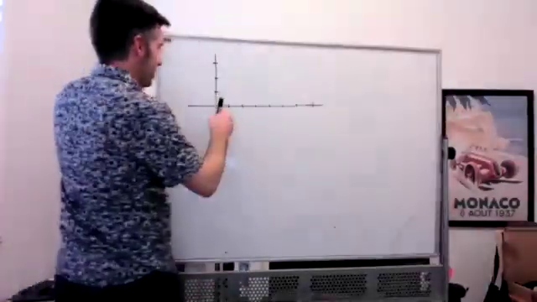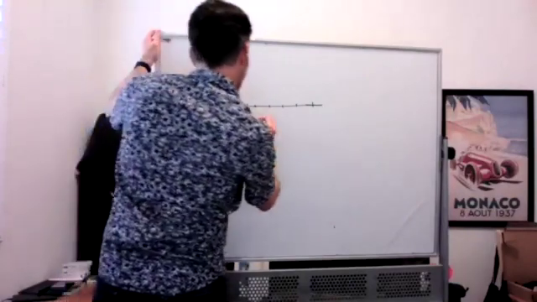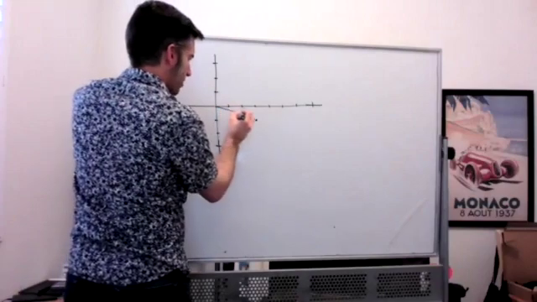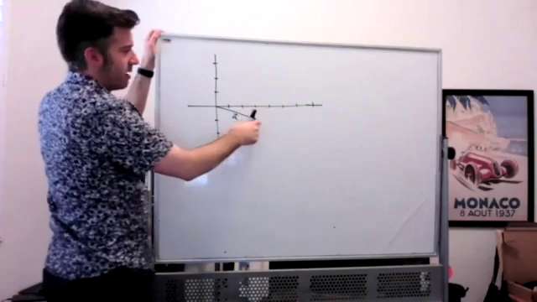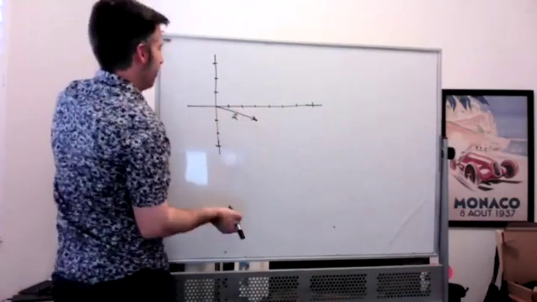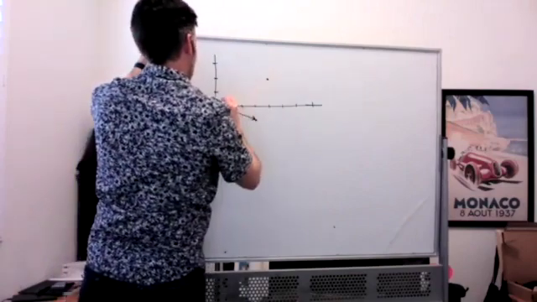B is 4, 2. So A is over 3 in the x direction and 1 down in the y direction. So we're ending there. So there's my vector A. And the vector A ends at the point 3, -1 because it starts at the origin. And then the vector B was 4, 2. That's going to be right there.